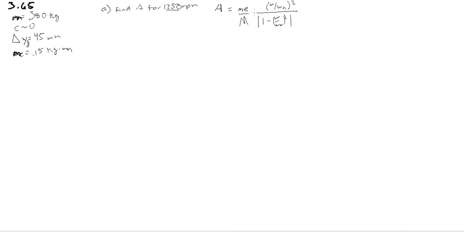Alright, let's check what we have. We've got me, check. We've got m, check. We don't have omega n, but we do have omega, check. Kind of.